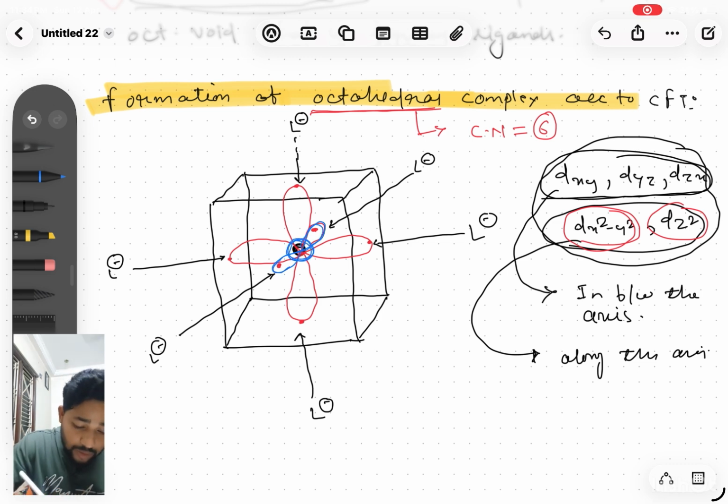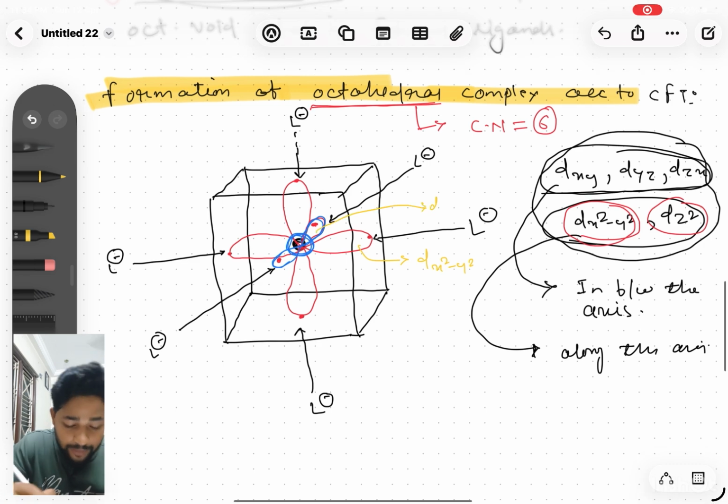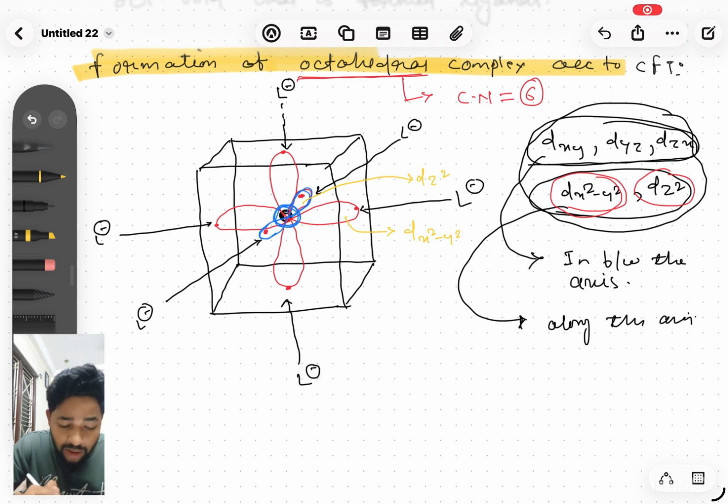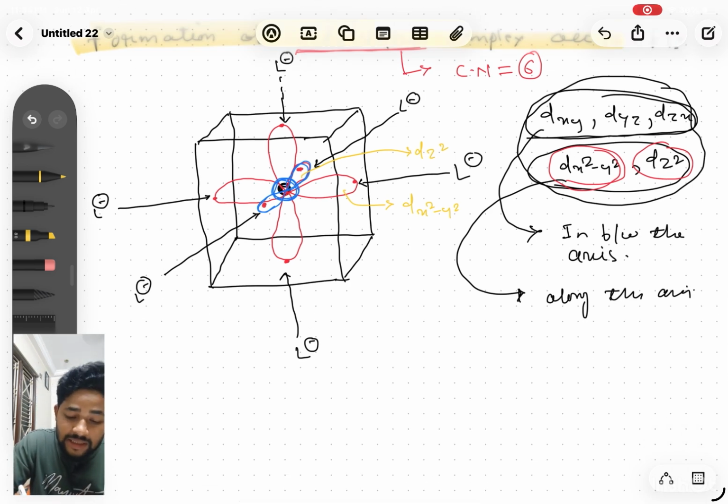So this is dx square minus y square, and this orbital is the dz square orbital that is perpendicular to it. Okay, now see, these two orbitals exactly occupy the directions of the six faces along which the six ligands are approaching. Another three orbitals are present in between the axes, like xy, yz, and zx.